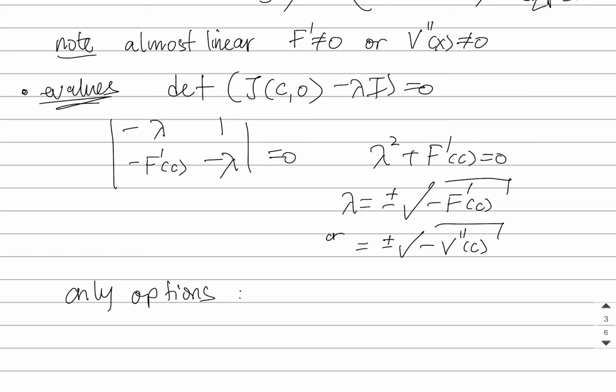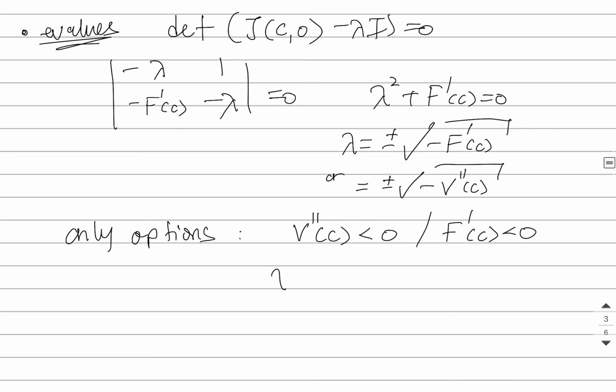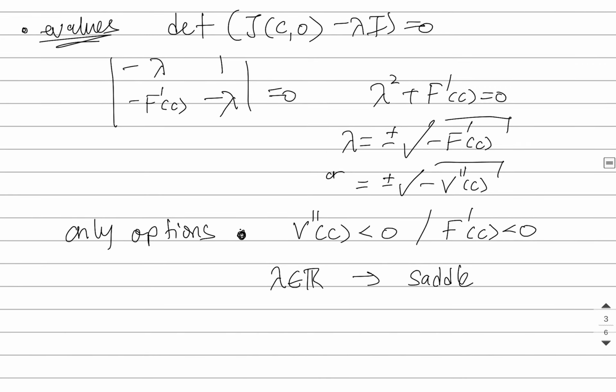When V double prime of c is negative, or another way of putting it, when f prime of c is negative, that means this lambda will be real, and we will get equal and opposite eigenvalues. So we will end up getting a saddle. So there is option 1. When we have this V double prime negative, we will end up with the saddle.